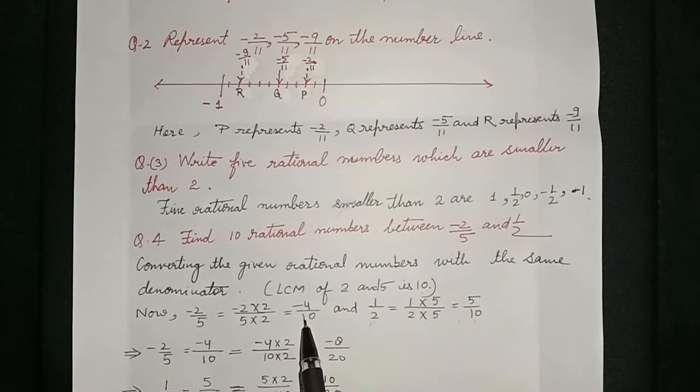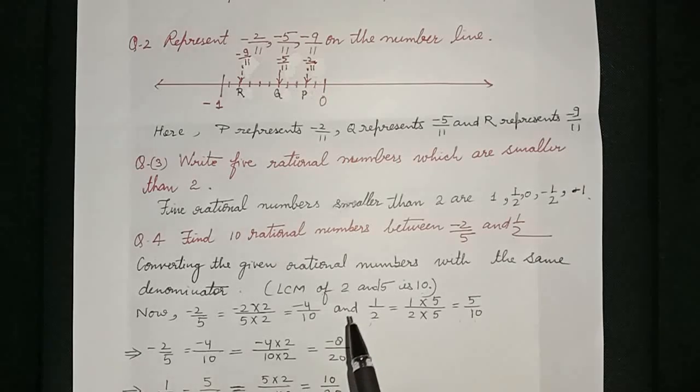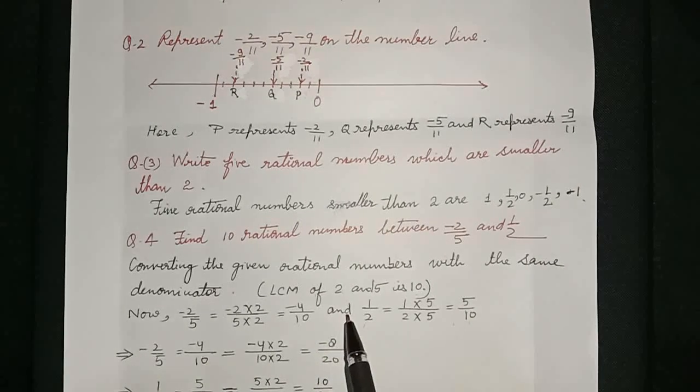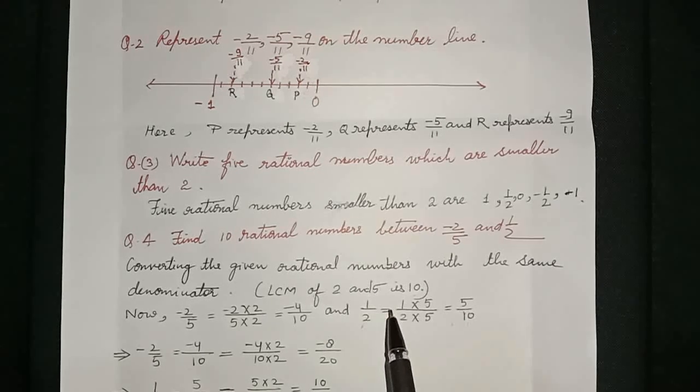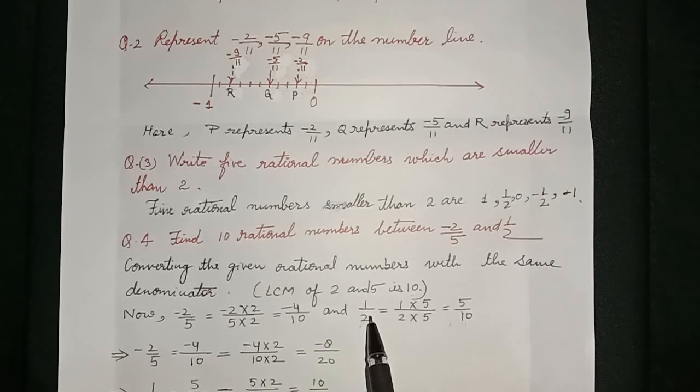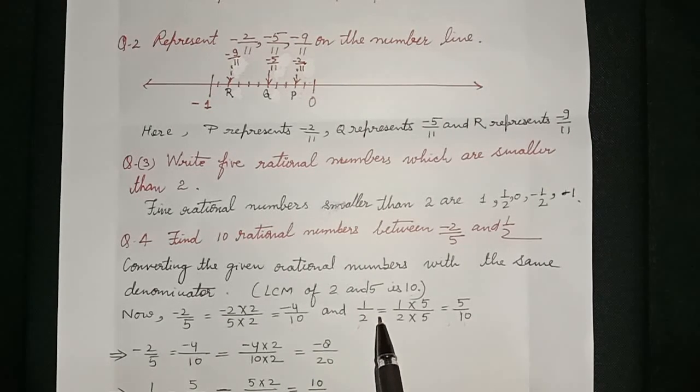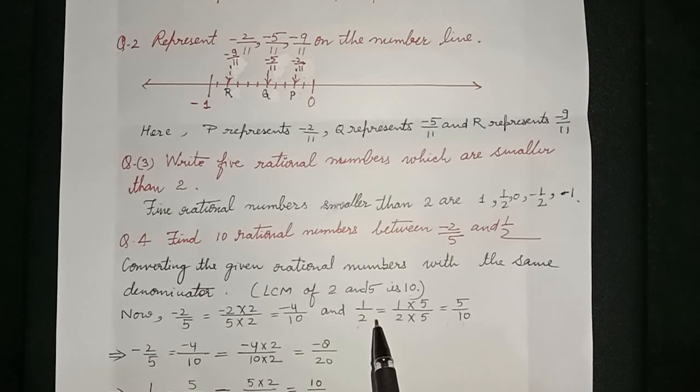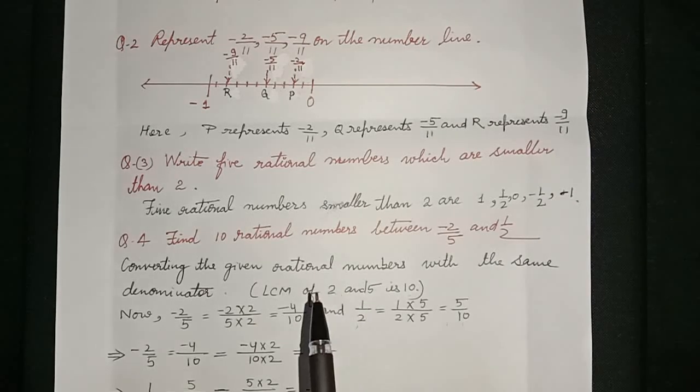Now you will think, can you get 10 rational numbers between -4 and 5? Now let us see. -3, -2, -1, 0 upon 10, 1 upon 10, 2 upon 10, 3 upon 10, 4 upon 10. You can see here you are getting only 8 rational numbers.